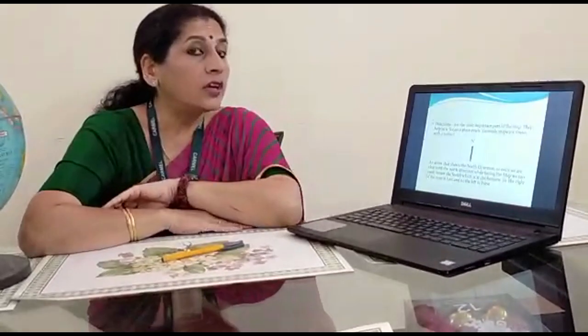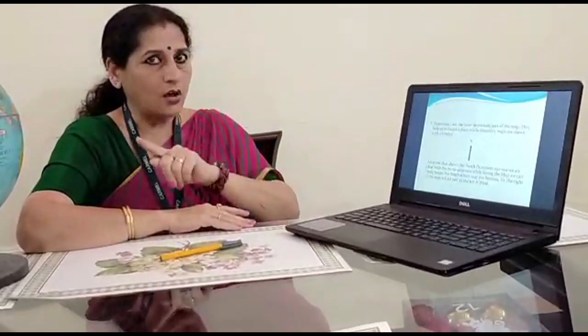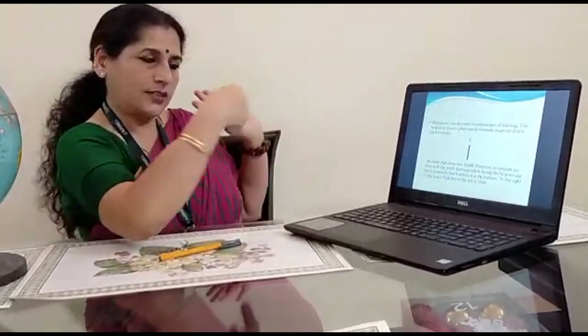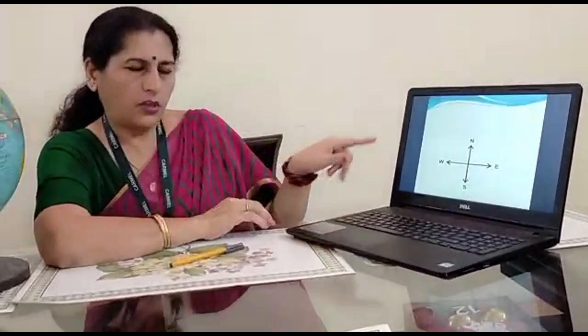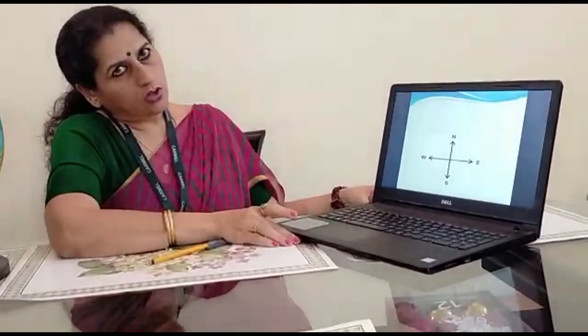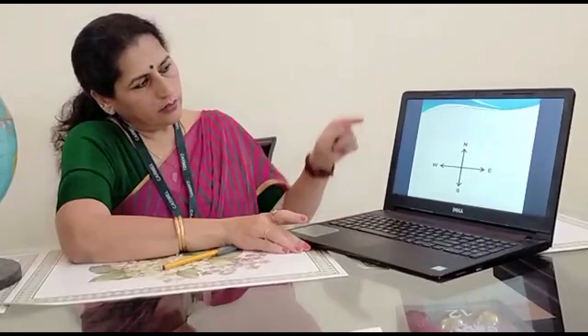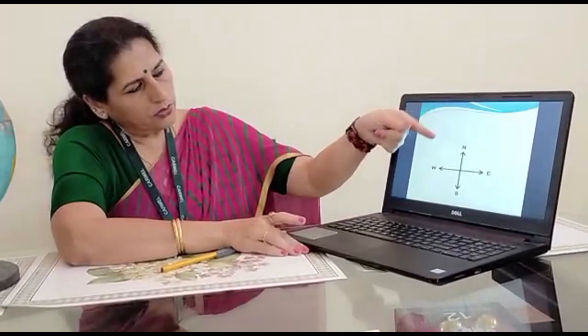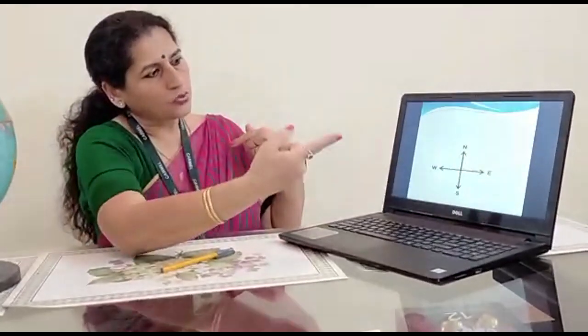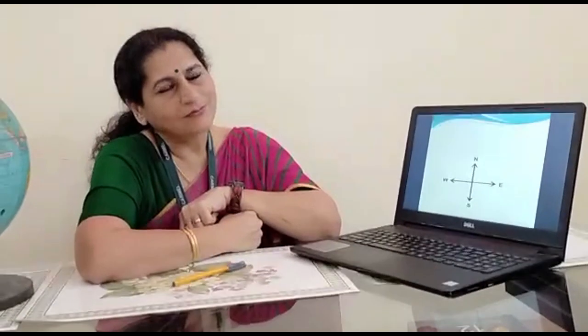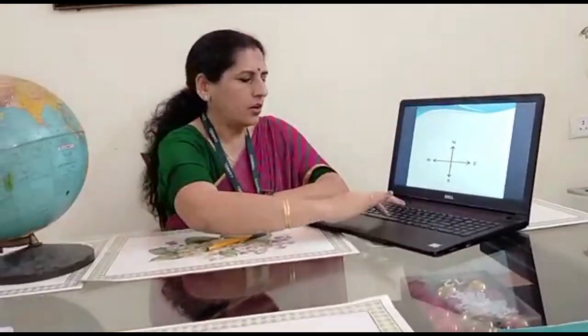So I think I'm clear with north, south, west and east. You can see it on my slide here. We have the north here on the top, bottom is south, left is west and to the right is the east. Clear? Okay.